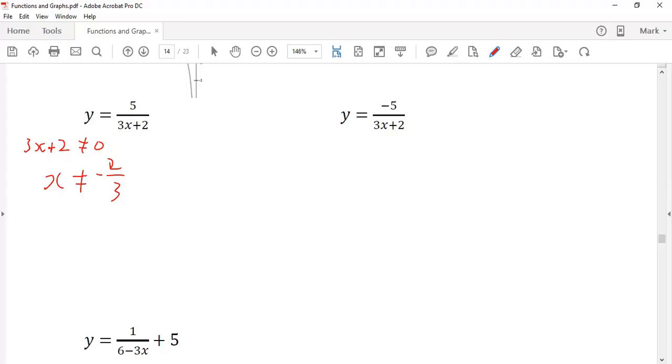So some other features of the graphs that we need to find are pretty much the x or y intercepts if they exist. So let's find the x-intercept. So that's when y equals 0, so 0 equals 5 over 3x plus 2.